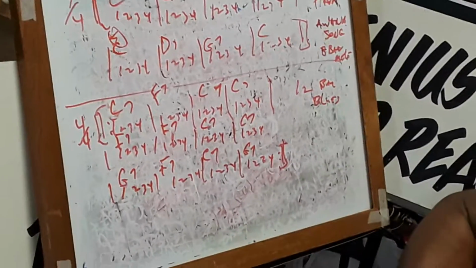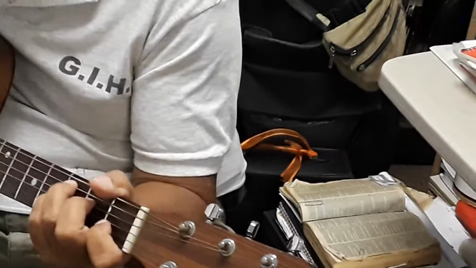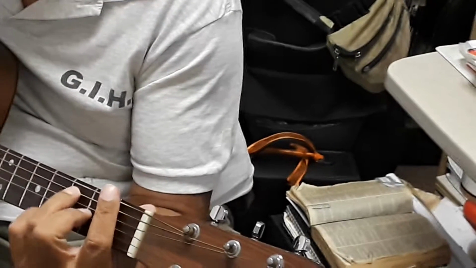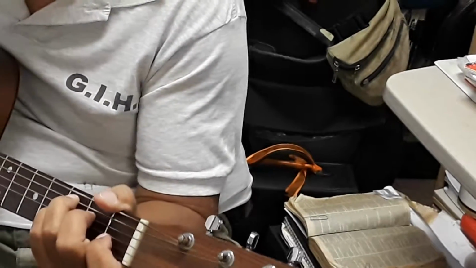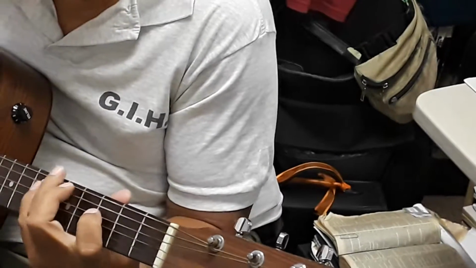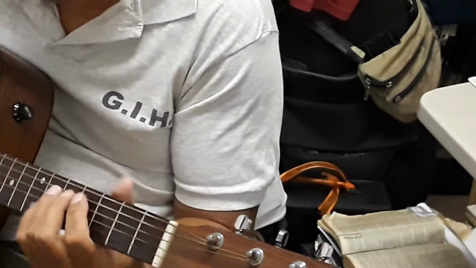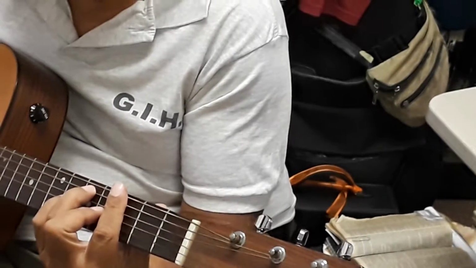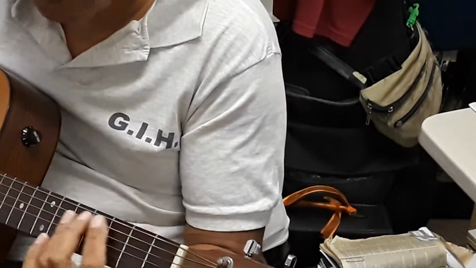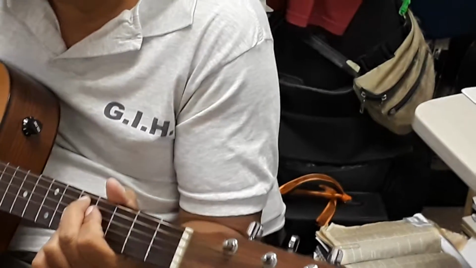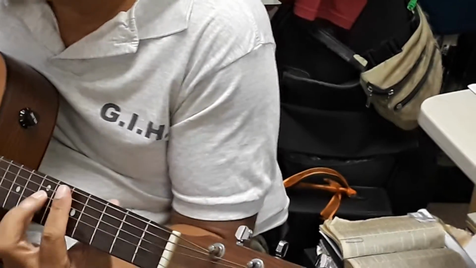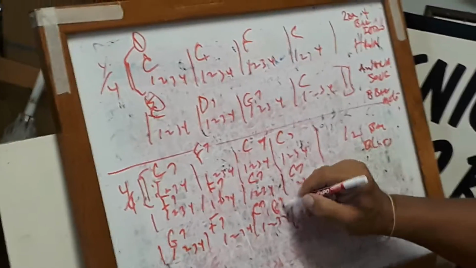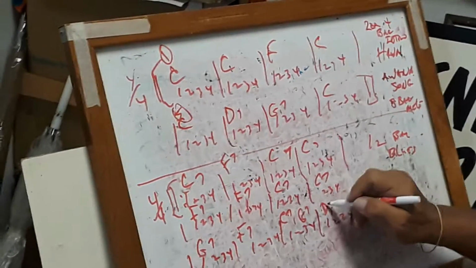Okay, the final one for jazz, we got this: C7, F7, C7, C7, F, F, C7, C7. So over here would be C7, G7, D7, G7.